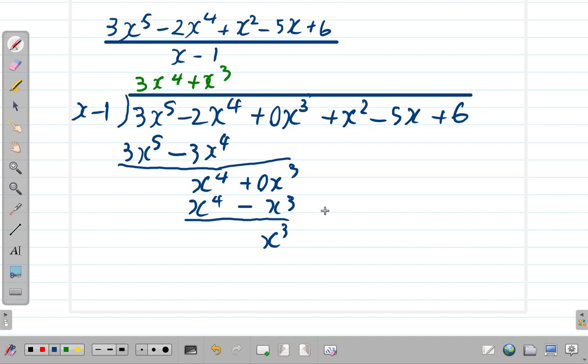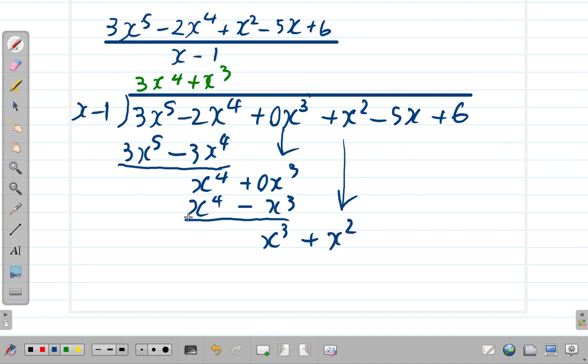Bring down the x squared. I didn't write the bring down part here. I drew this line out here earlier. You don't necessarily have to do that. Right? Just to show that I brought this down, but you have x squared, so bring down the x squared.